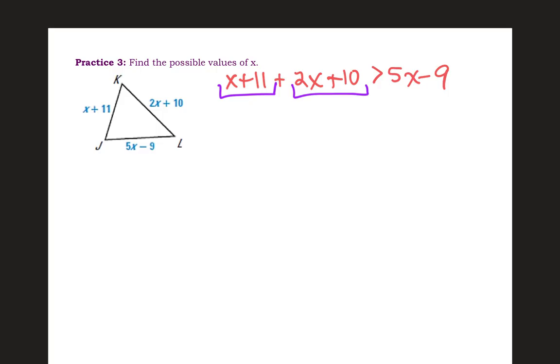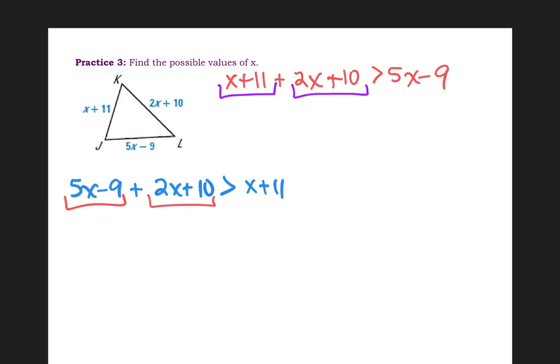All right. What would be another equation I could use? 5x minus 9 plus what? 2x plus 10. 2x plus 10 must be greater than x plus 11. All right. So then we know these are two equations, right?